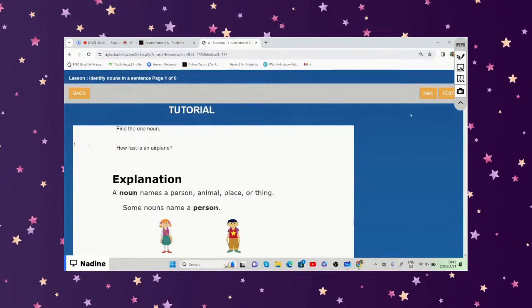So we need to find the noun, right? And if we find the noun, then we can say airplane is the noun. So we have identified airplane.